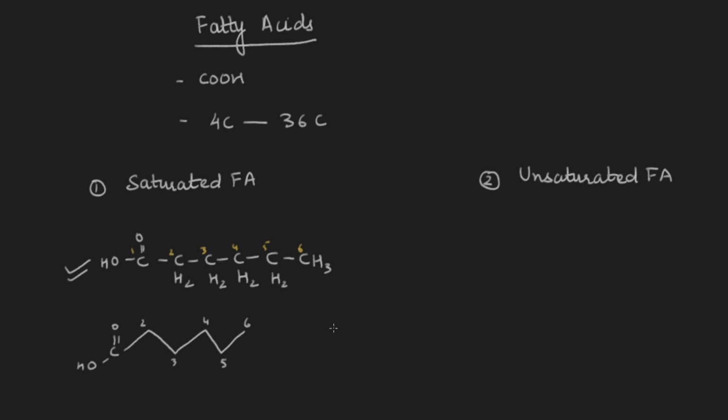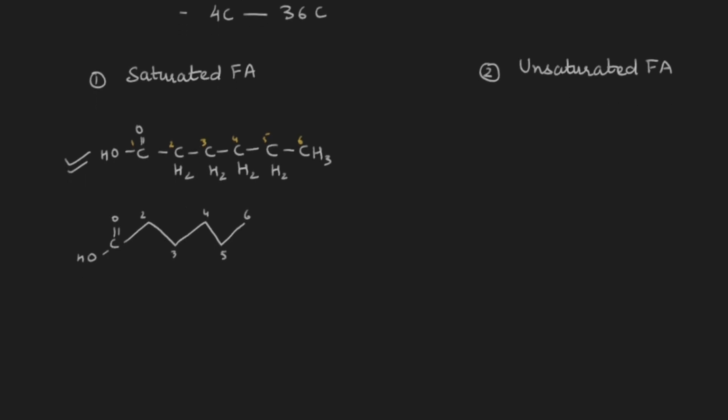If we line up more fatty acids along with this particular fatty acid, again the same type with 6 carbons, we can see that this structure is organized and it is in order.